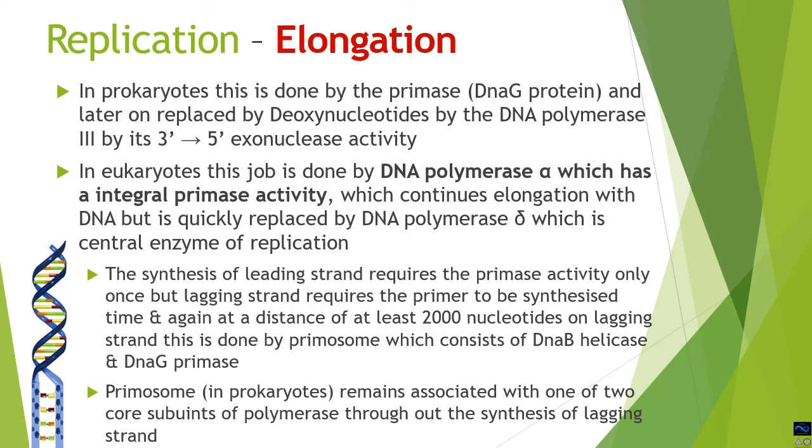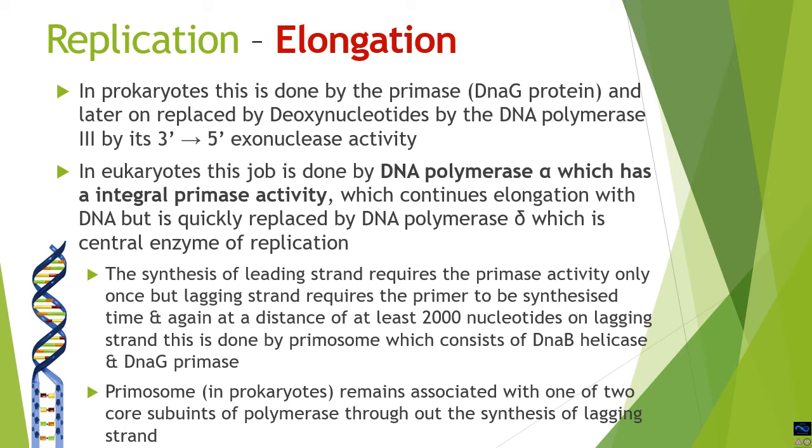This slide I have already covered in the previous lectures, but to quickly go through it, we know that in prokaryotes the primase action is by the DnaG protein, and after the primer is synthesized, the extension is done by DNA polymerase 3, which is the main polymerase in the prokaryotes, and it also has a 3' to 5' exonuclease proofreading activity.